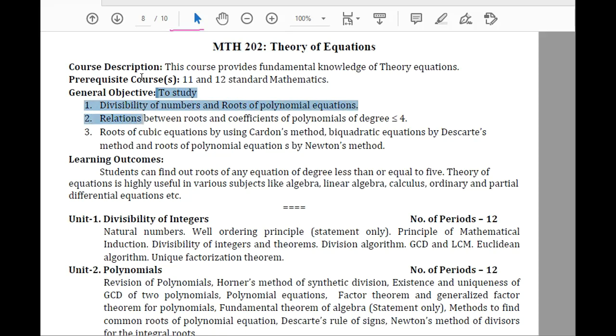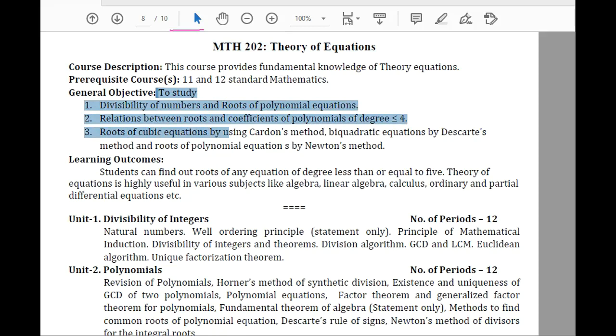Then the relation between roots and coefficients of polynomials of degree less than or equal to 4. Then the third objective is roots of cubic equations.